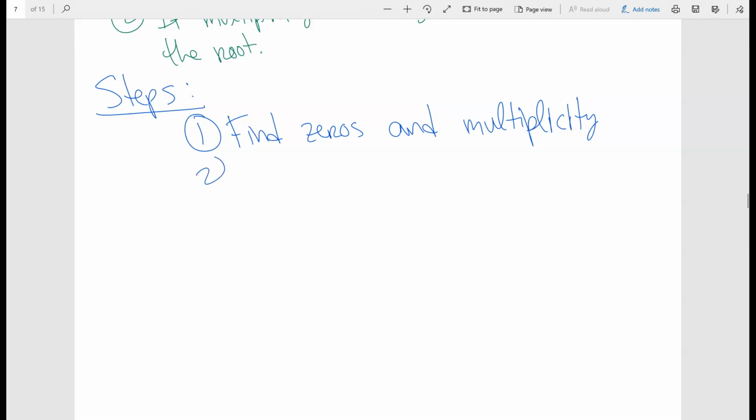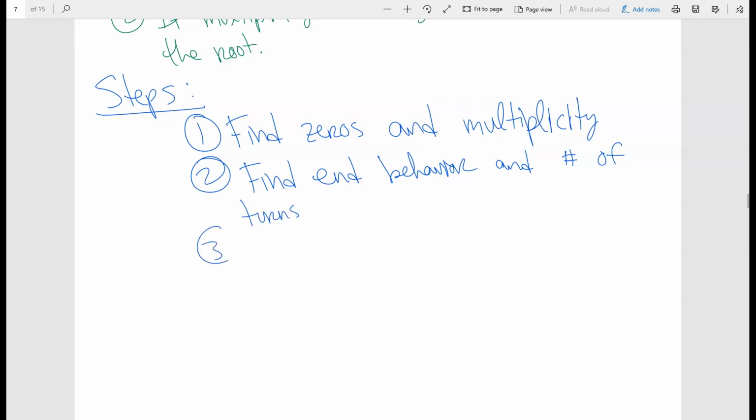Okay, the second thing is find the end behavior and the number of turns. So how many turns is this guy doing?